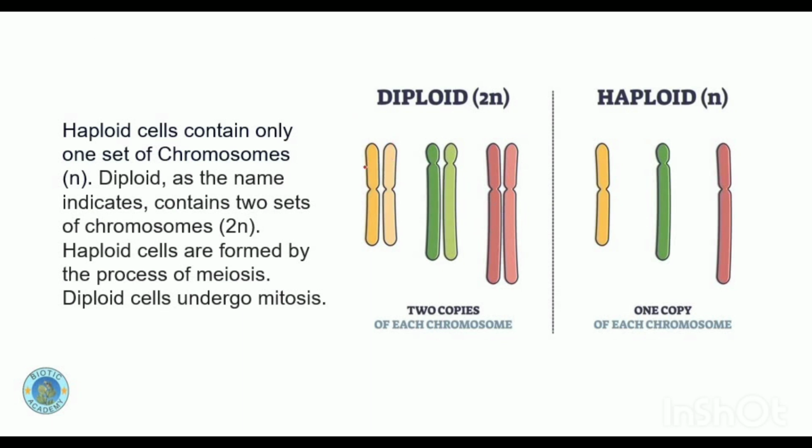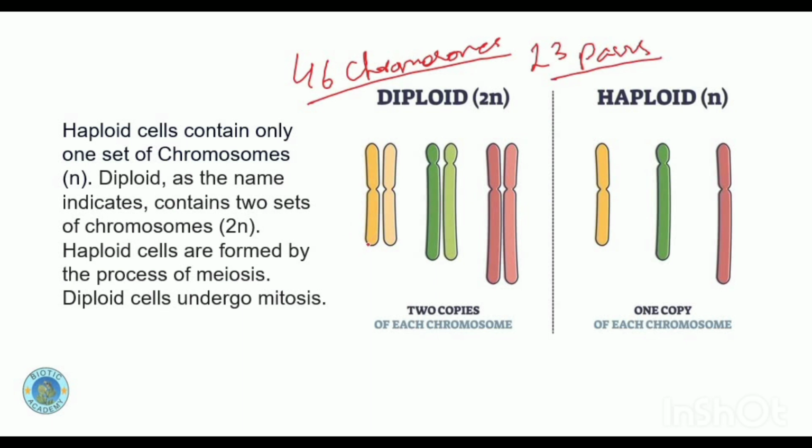If we talk about the diploid cells of humans, we have 46 chromosomes in our cells, present in the form of 23 pairs. Each pair has one chromosome from the father's side and one from the mother's side.